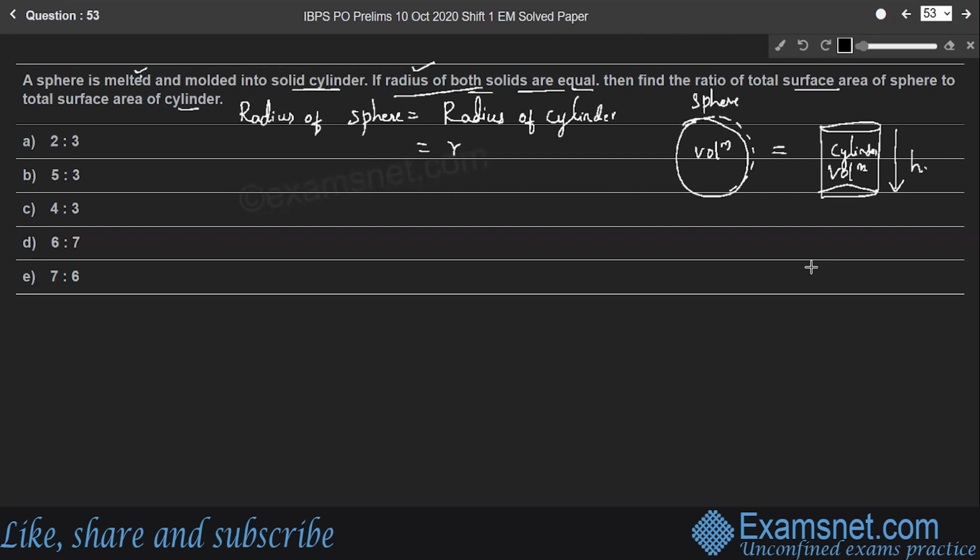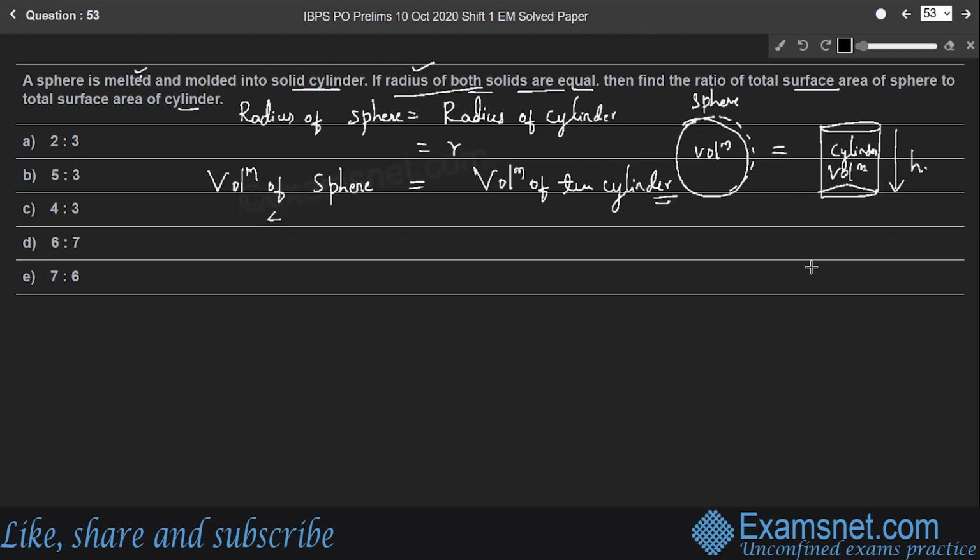And it is given that the sphere is melted and molded into a solid cylinder. Therefore, we can write the volume of the sphere is equal to the volume of the cylinder, right? The reason is the sphere is melted and molded into a cylinder. So what is the volume of the sphere?